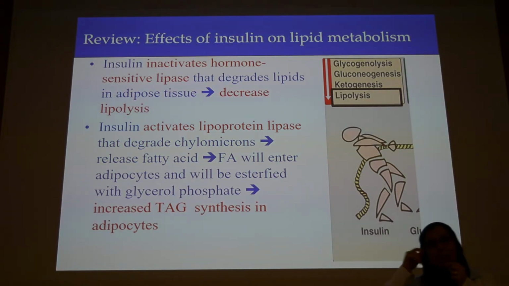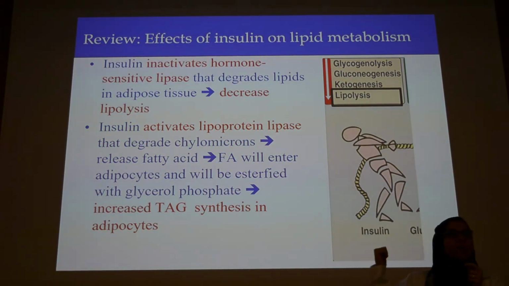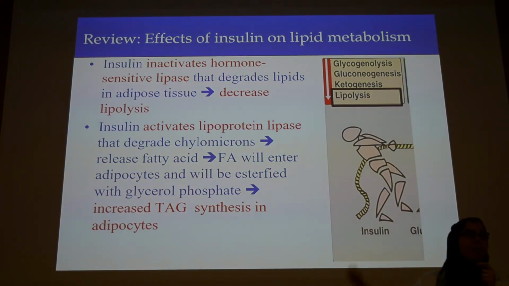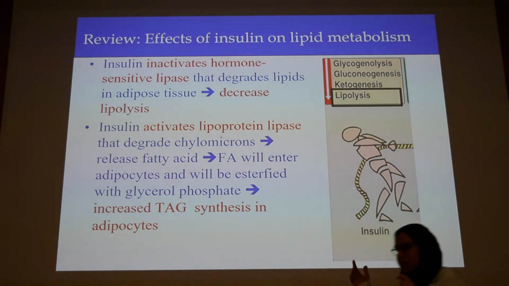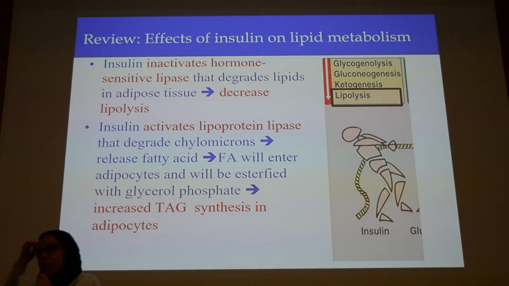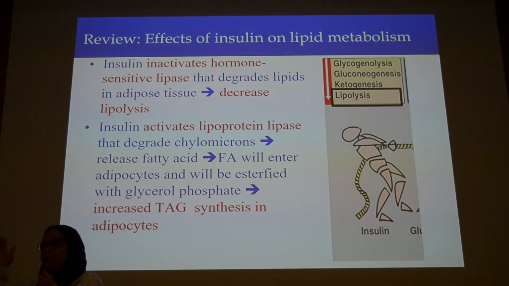So what will happen in their body with no insulin? What will happen to the lipid metabolism? Increase. They will lose weight because the fat is being mobilized because they don't have insulin to inhibit the hormone-sensitive lipase. So they are going to lose weight because the stored fat is mobilized in the absence of inhibition of the hormone-sensitive lipase by insulin.